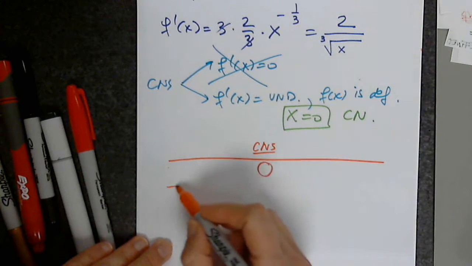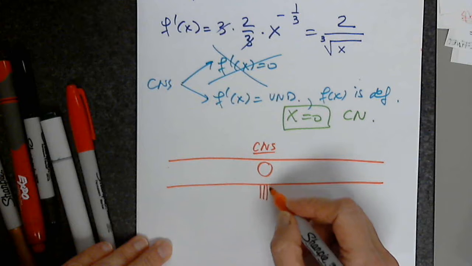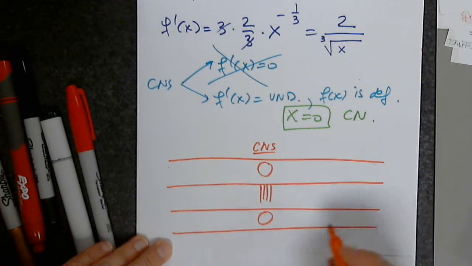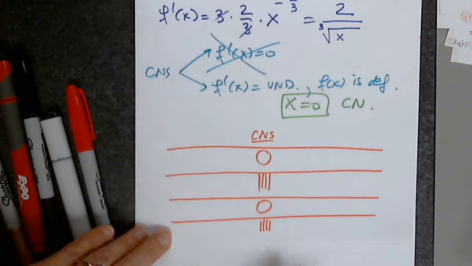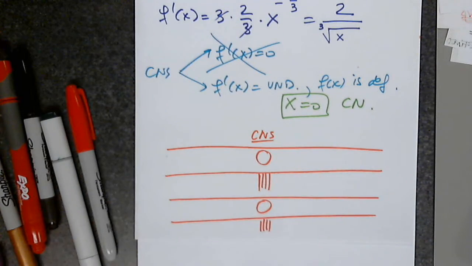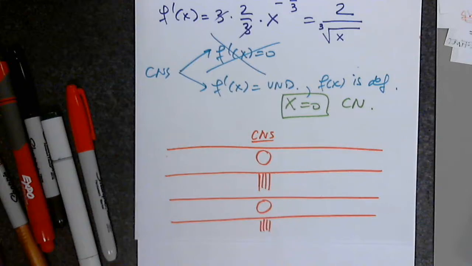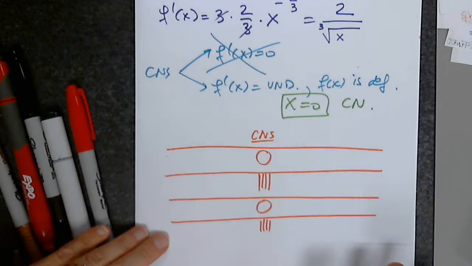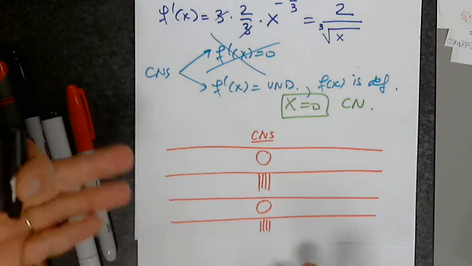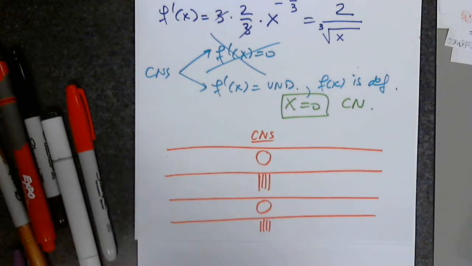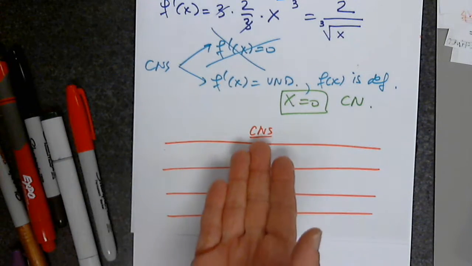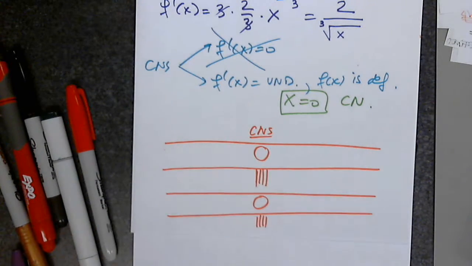So 0 or undefined, and I'm going to give you some situations and you will tell me what could the result be. Let's say when I have 0 or undefined, it doesn't matter. If the derivative is 0 or the derivative is undefined, when it comes to the critical number, it's not important.